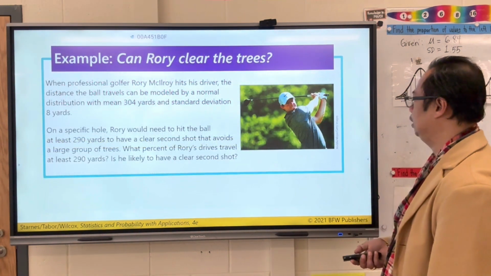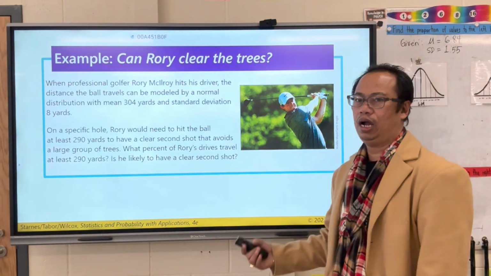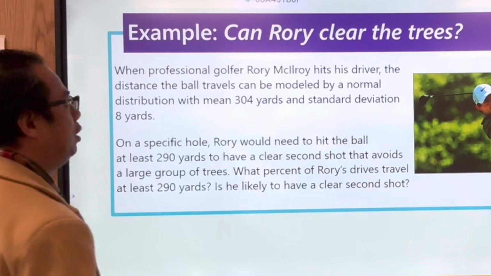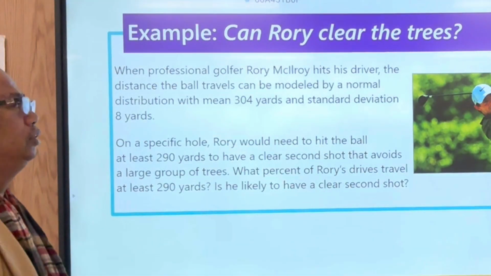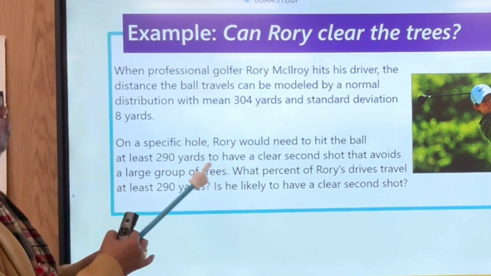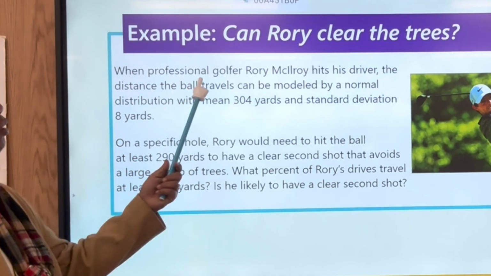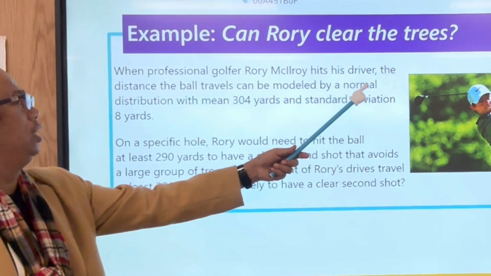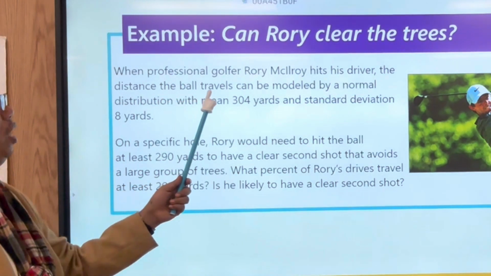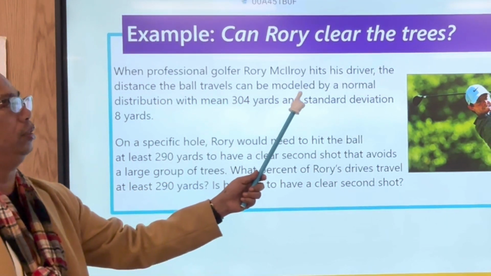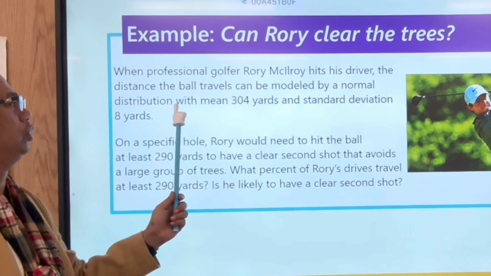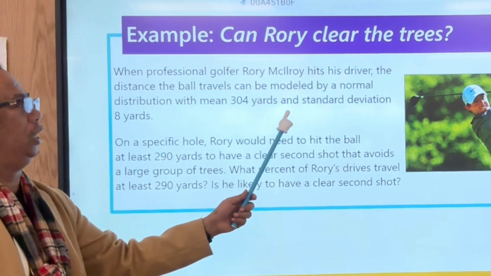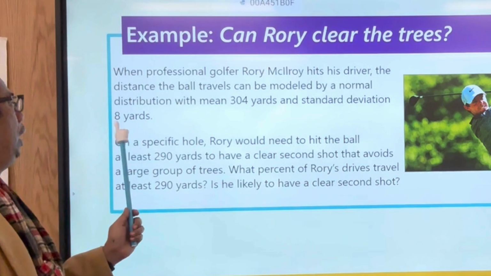Now, there's another scenario. Can Rory clear the trees? When professional golfer Rory McIlroy hits his driver, the distance the ball travels can be modeled by a normal distribution with a mean of 304 yards and standard deviation of 8 yards.